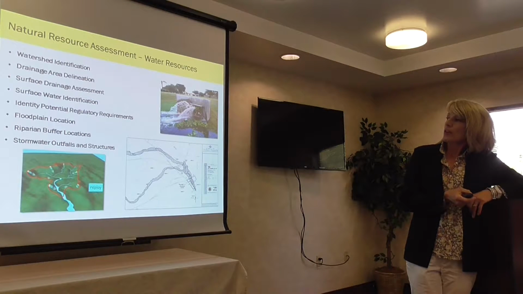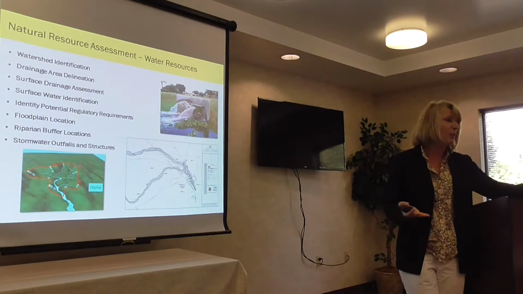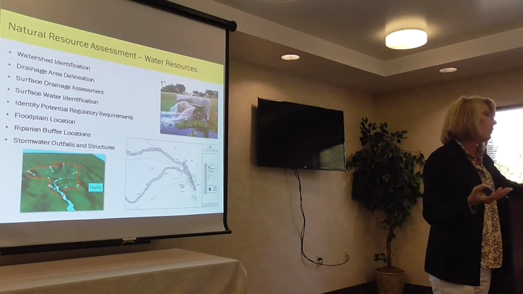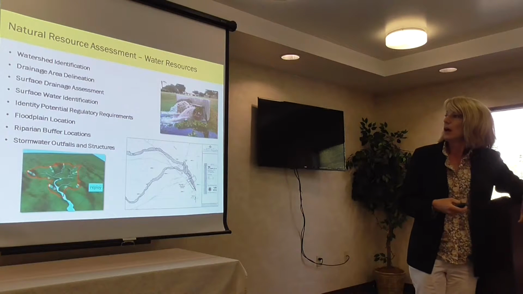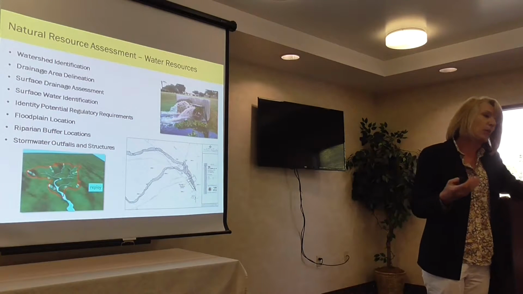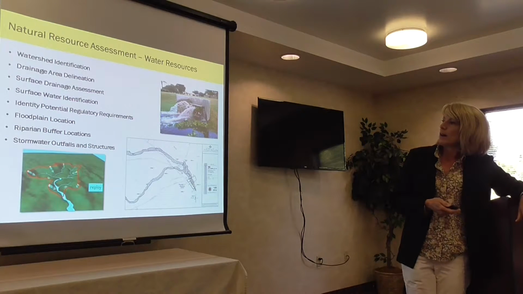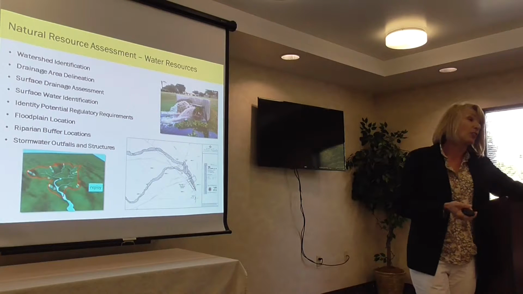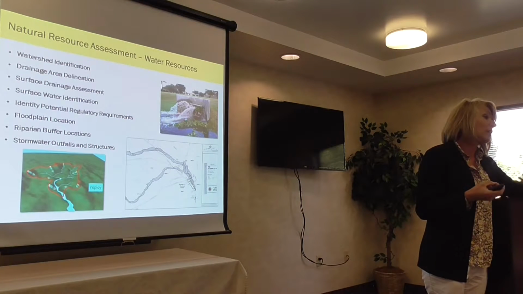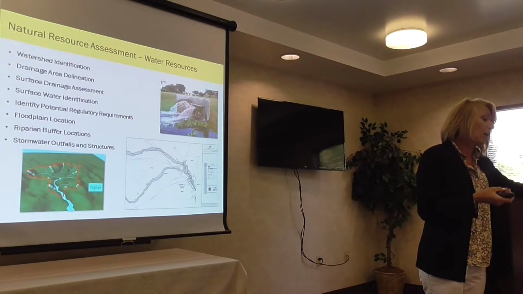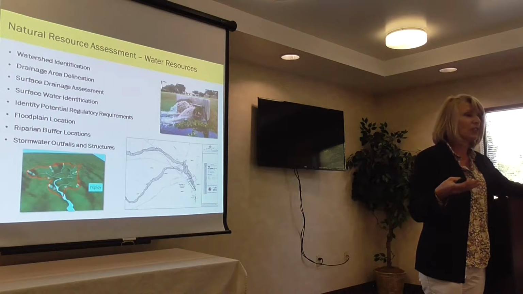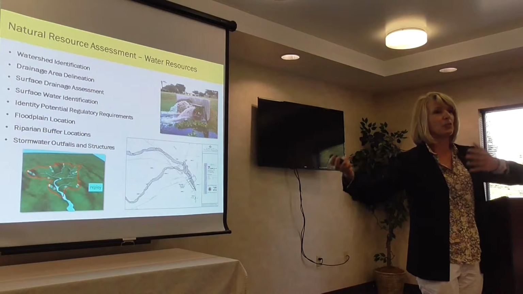So surface water identification is basically identifying your water features, where you have standing water, ponds, streams, and things like that. Potential regulatory requirements: then looking at what regulatory agencies have jurisdiction over these different types of water features.